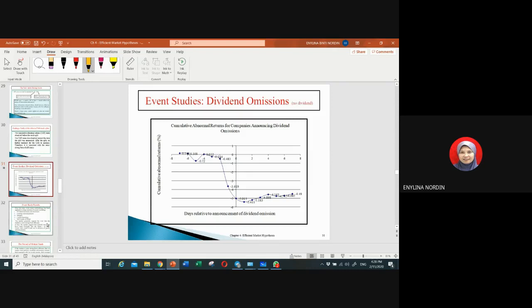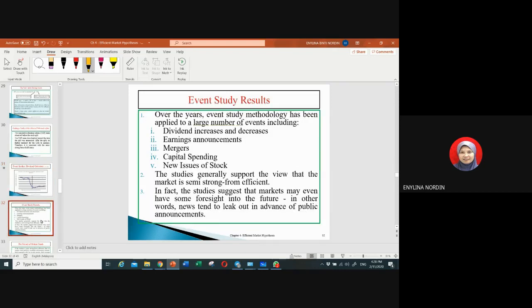Okay, other events show that the stock's price reacts quickly to an event study or announcement. What are they? Earnings announcements, mergers, capital spending, the issuance of stock. When the company announces it is issuing new stock, they found that the stock's price quickly responds to that announcement.